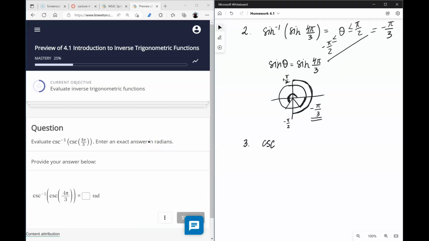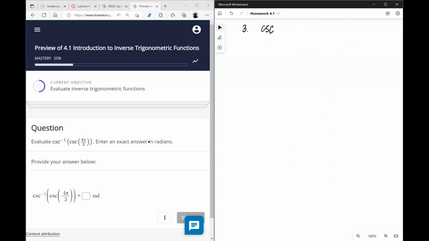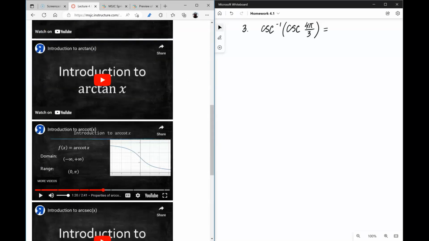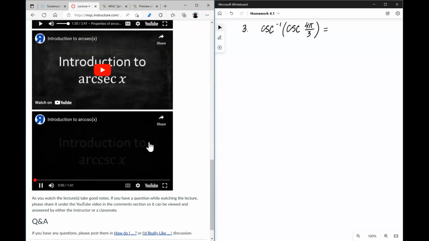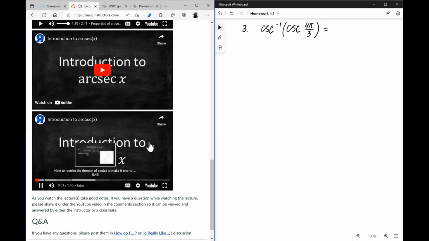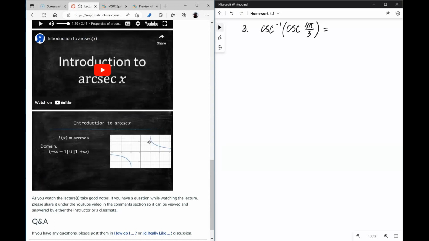We have cosecant inverse of cosecant 4 pi over 3. The range of cosecant inverse function is, so the range of this function is from negative pi over 2 to pi over 2 except 0.